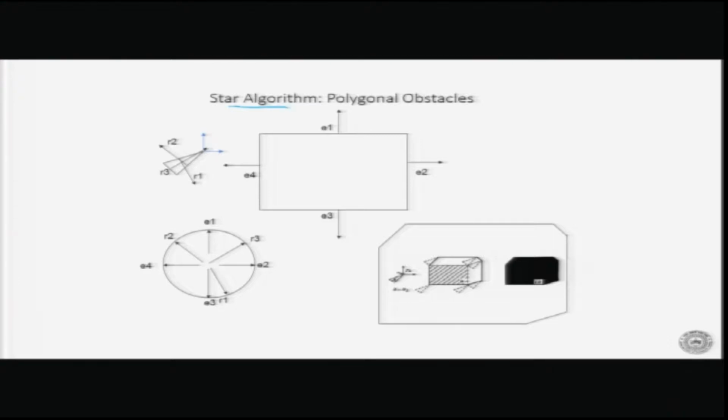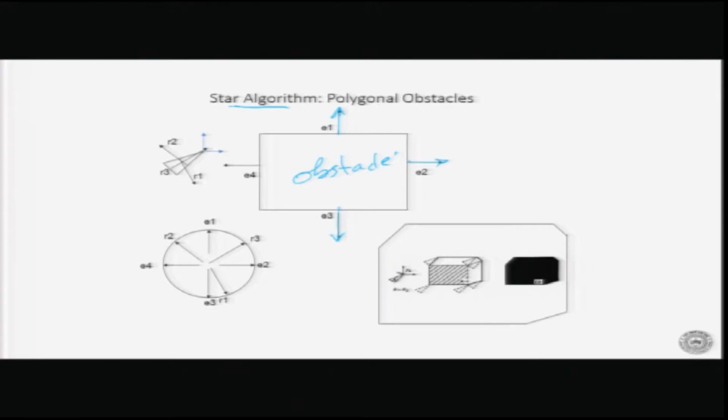Okay. Now, how do we proceed? So, we proceed in this way. What we do is we draw normals to each of the sides. So, I draw my normal E1, this is my obstacle. So, I have E1, E2, E3 and E4 in clockwise direction.